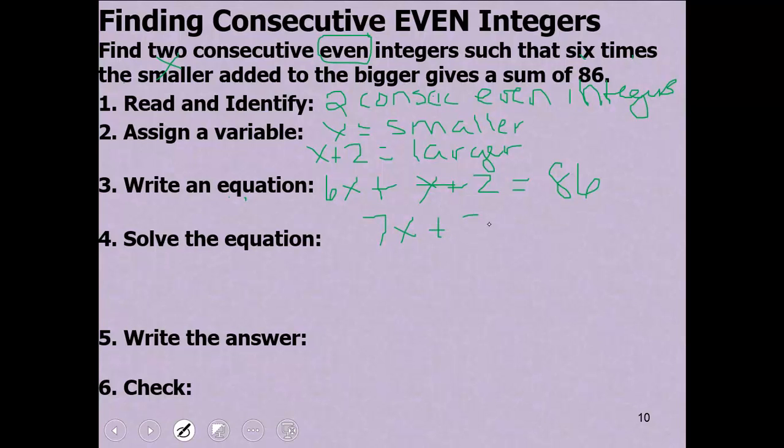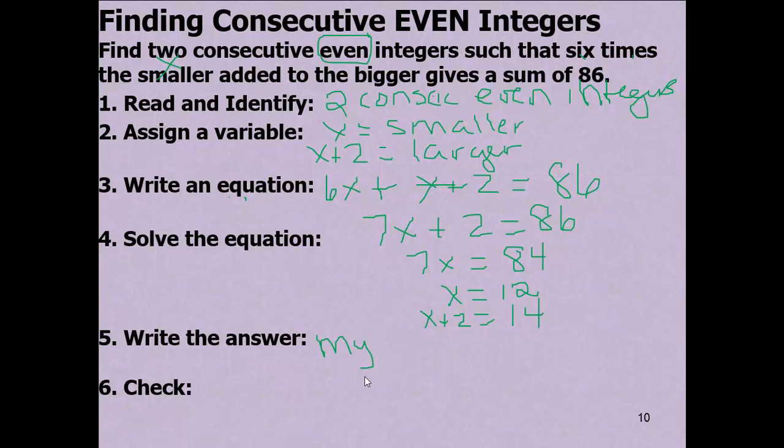7x plus 2 equals 86. 7x equals 84. x has to equal 12. x plus 2 has to equal 14. So my consecutive even numbers are 12 and 14.